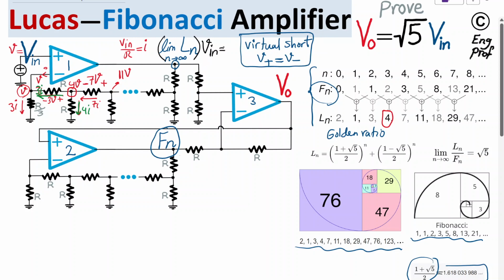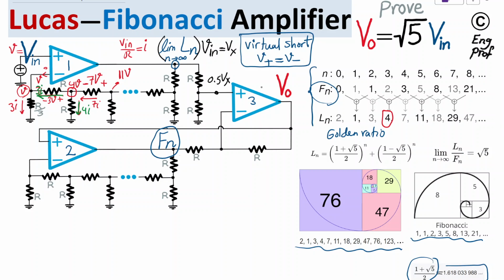Let's refer to this as Vx. So here, of course, we have a divide by 2 of that because of this simple voltage division across R and R. So as a result, we get Vx divided by 2, so 0.5 Vx.